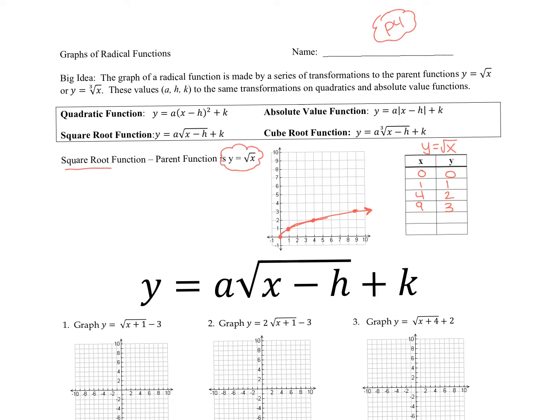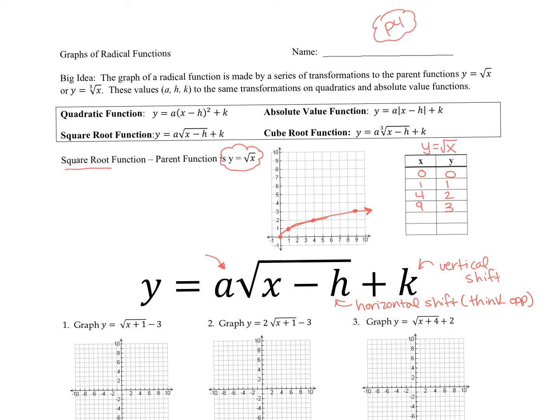Let's remember those things. My k, the number at the end, that's my vertical shift. My h, the number inside, that was my horizontal shift. And when I see that one, I have to think the opposite because there's a negative in my formula. And now my a does a couple things.